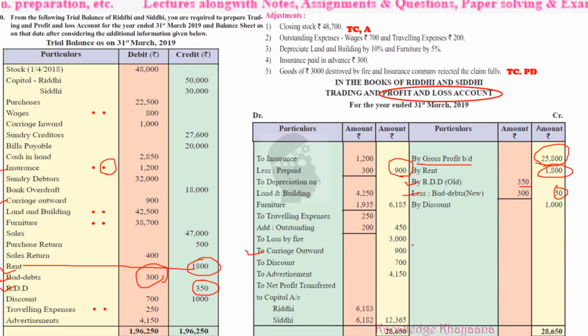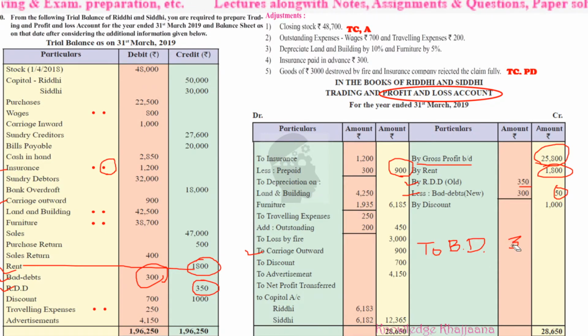But what we usually do on the trading account debit side is write: to bad debts, whatever was the amount. For example, I am showing this because we usually do it like this: bad debts amounting to rupees 300.